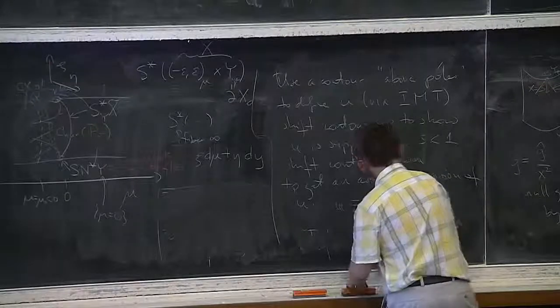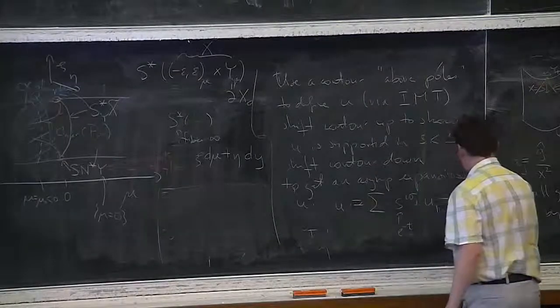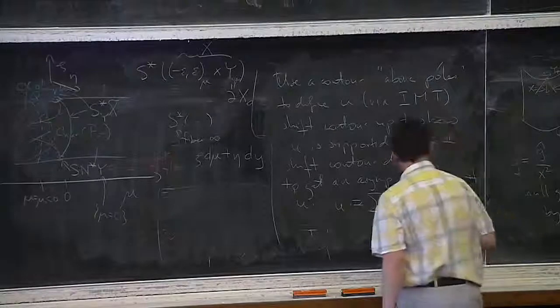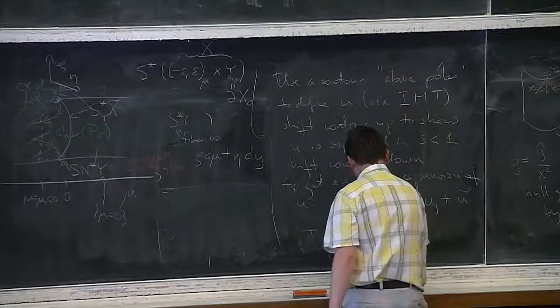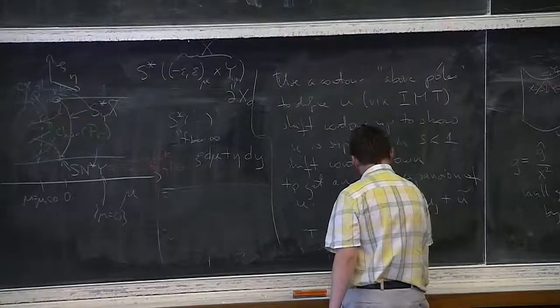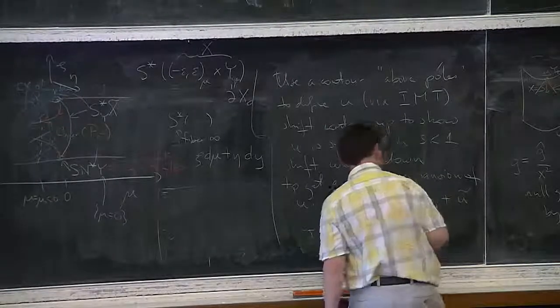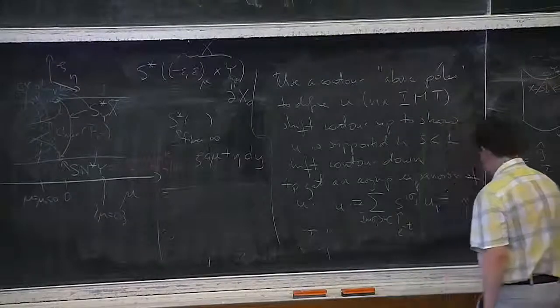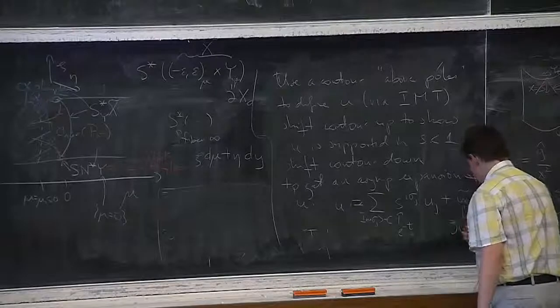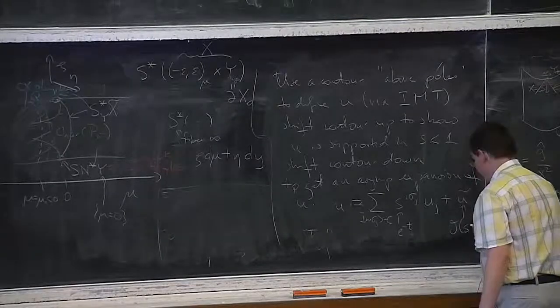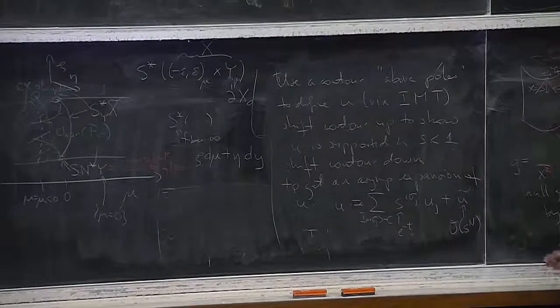So it's equal to this, and then plus some u tilde. And here for the sigma j's, you only have to take the sigma j's with imaginary part of sigma j bigger than some constant minus c, something like this. And then this u tilde would be exponentially decaying in terms of t. So this is sort of order s to the big N in some L2 sense. So that's what you get when you shift; it's exponentially decaying in terms of t.